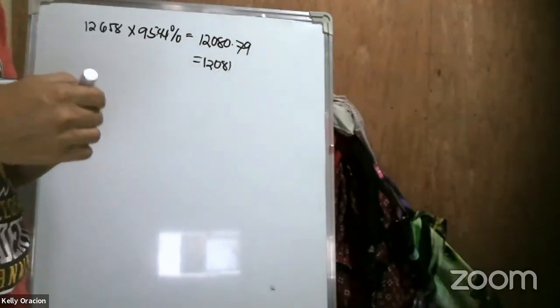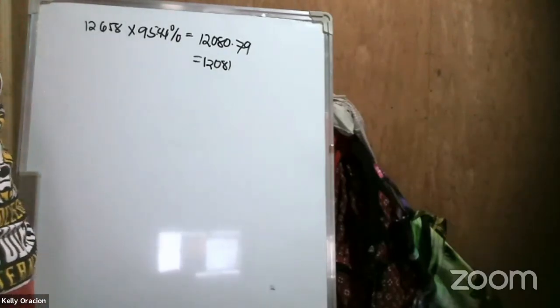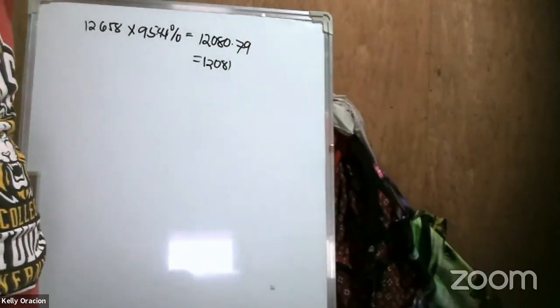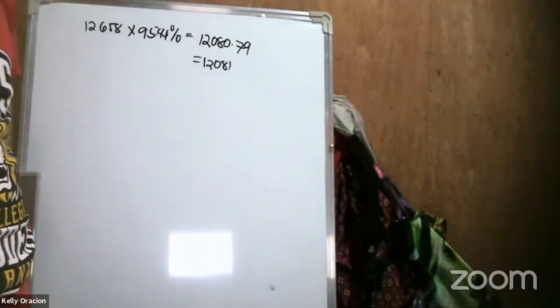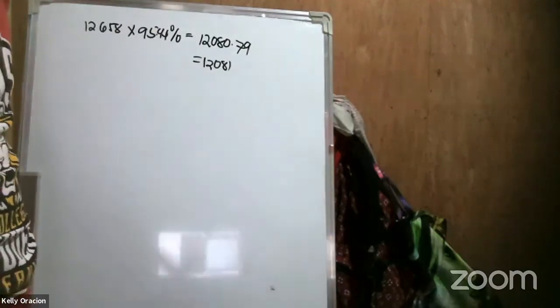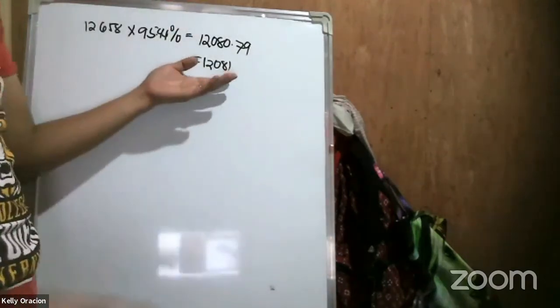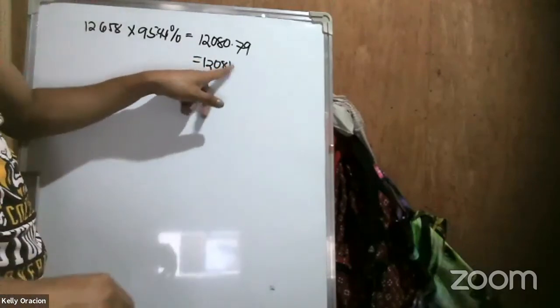Take note, there is no decimal in a score. Is it a score that was mentioned there? Yes, score. Take note, there is no decimal in a score. So, in reality, you round it up. That's 12,081.